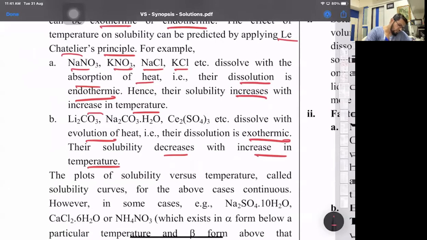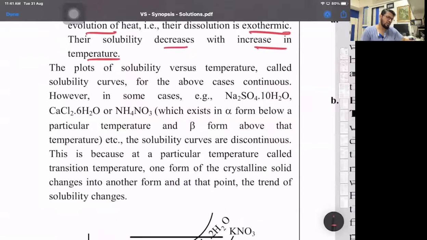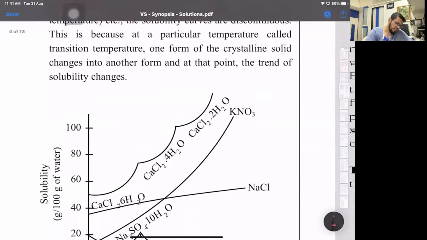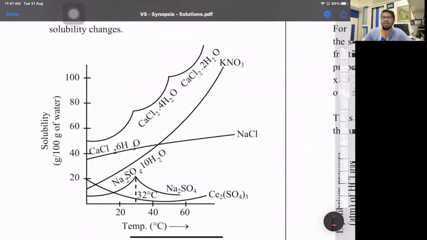If you plot a graph, the plot of solubility versus temperature is called the solubility curve, and for the above cases it is a continuous graph. However, sodium sulfate, calcium chloride, ammonium nitrate exist in an alpha form and a beta form, which are different allotropic forms. The solubility curves are discontinuous. For some solubility, it's a continuous curve, and for some of them, it's a discontinuous curve.